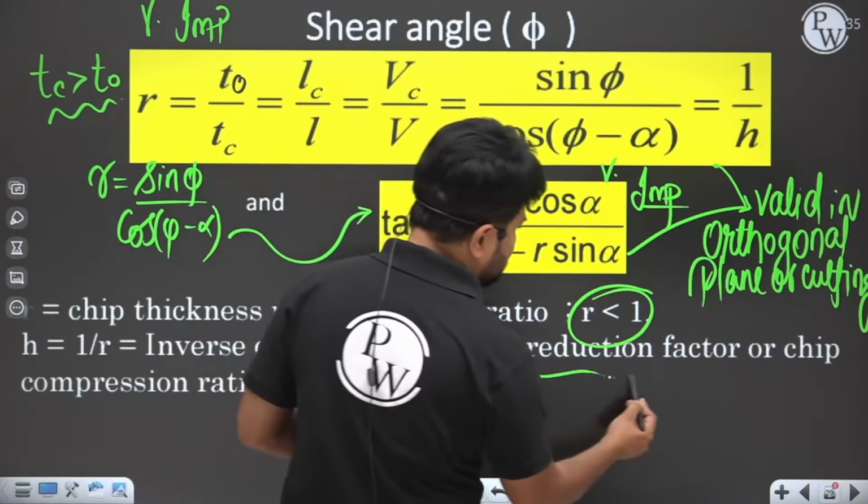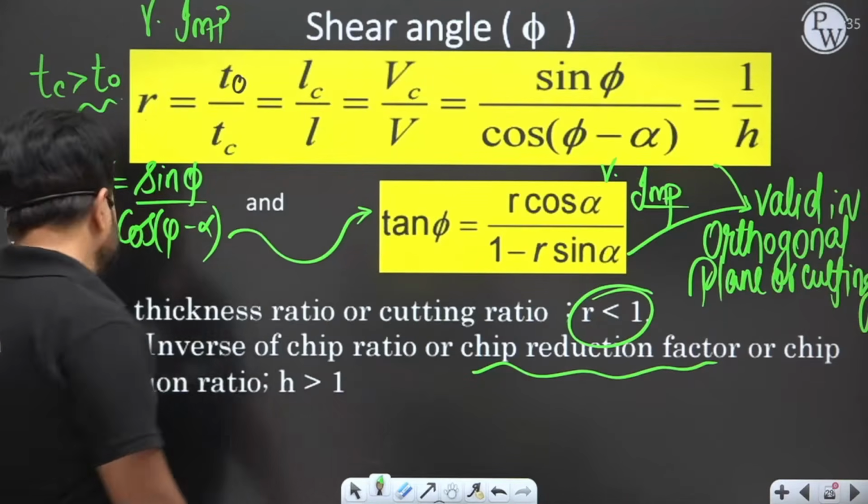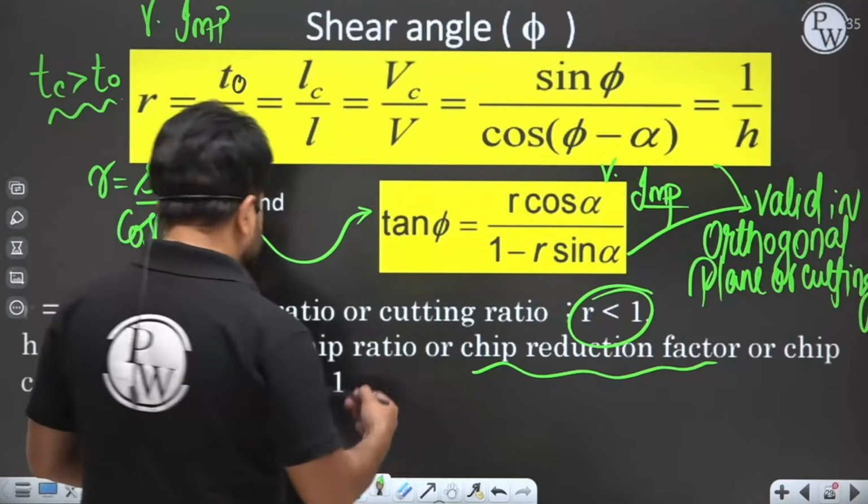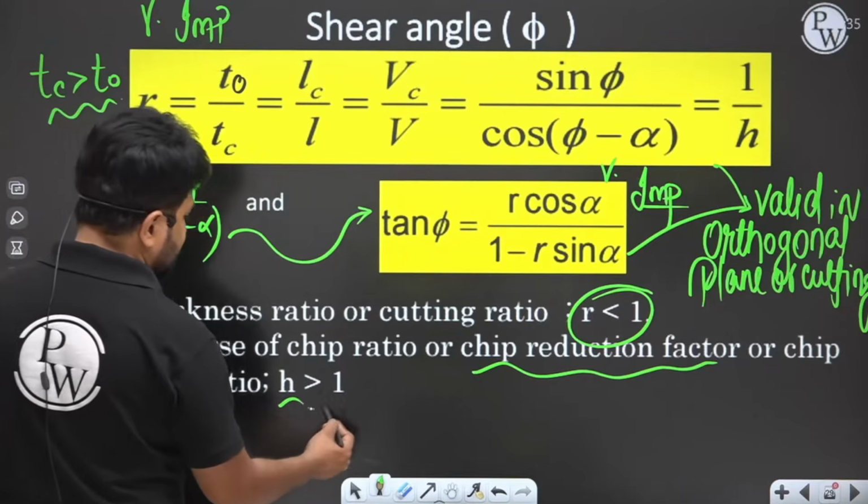or chip reduction factor or chip compression ratio. That chip compression ratio is greater than 1.